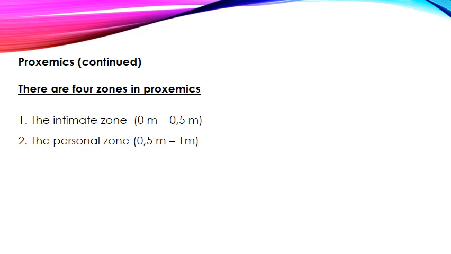Then you get your social zone. It's between 1 and 2 meters around your body. This is where you keep people who you don't really know. You are acquainted with them. Well, you know them, but you are not friends with them. In your classroom, you can measure.